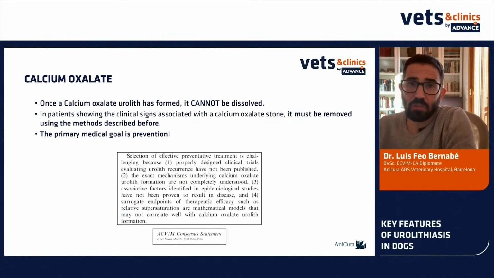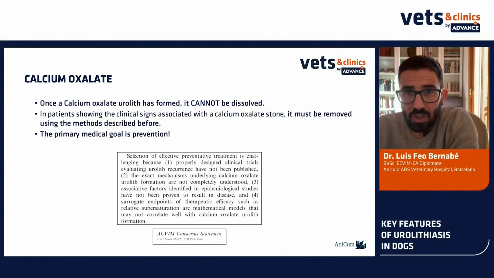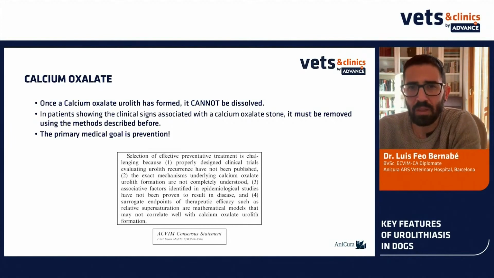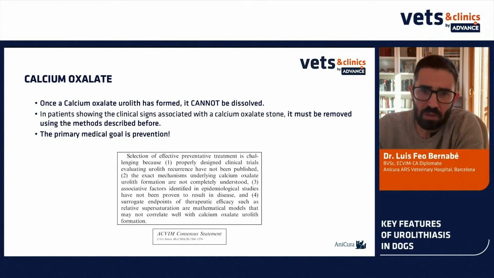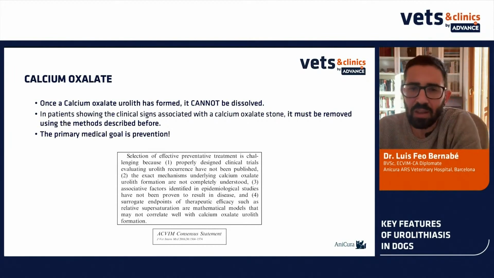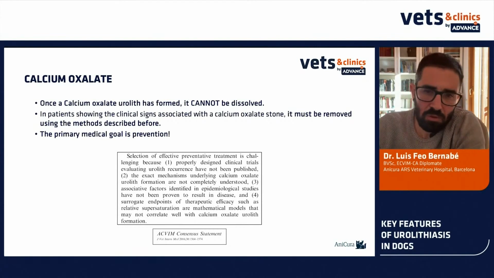What we know about calcium oxalate is that when a calcium oxalate urolith has formed, it cannot be dissolved. It's important to remember that, because we need to remove these calculi if we have any problem. Patients showing clinical signs associated with a calcium oxalate stone must have it removed using the methods described before.